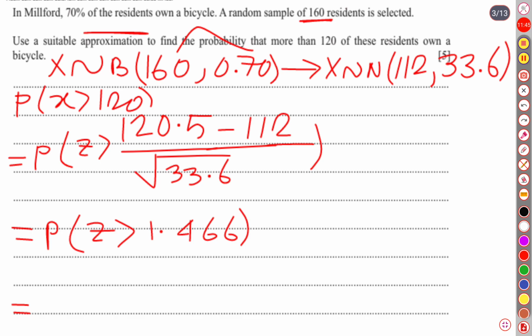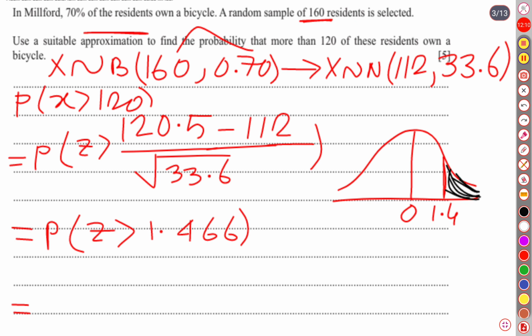Let me draw a figure. Suppose this is our normal curve, and our z score is 1.466, so definitely it lies on the right side. Which part is our probability? We are supposed to find the probability of this dark shaded part.